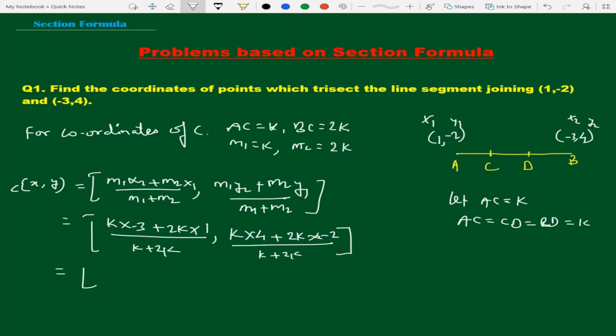So here -3k plus 2k upon 3k, comma 4k minus 4k upon 3k. So this will become -k upon 3k, comma 0 upon 3k.